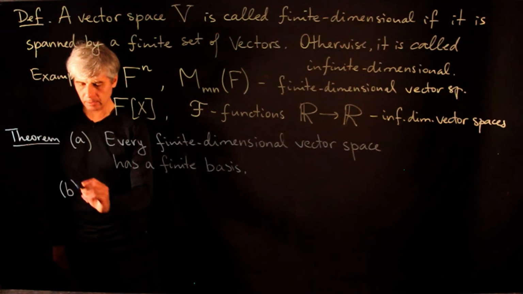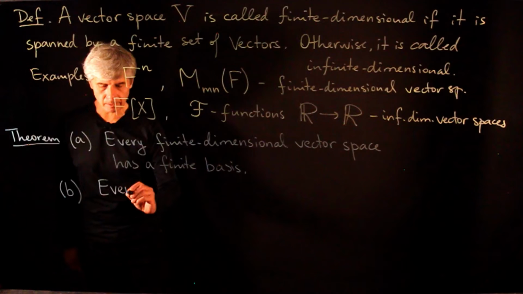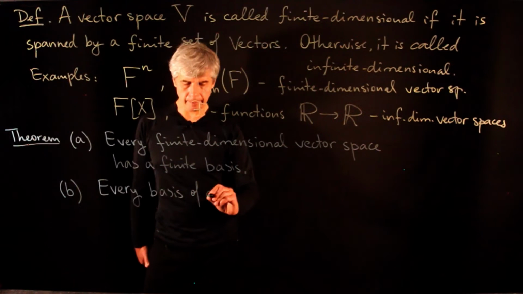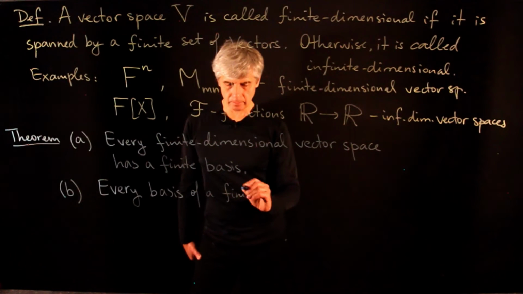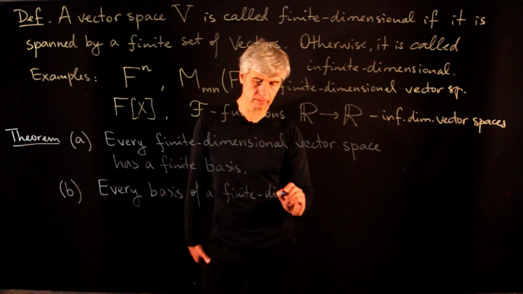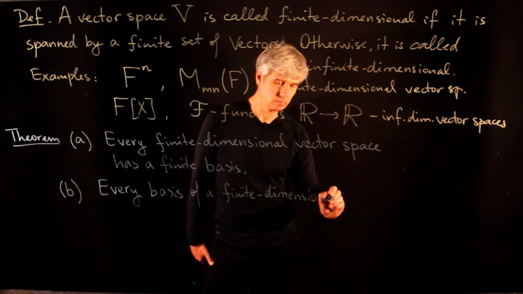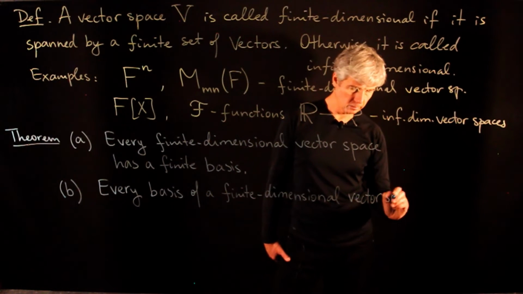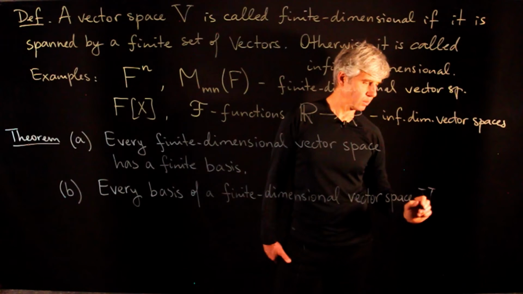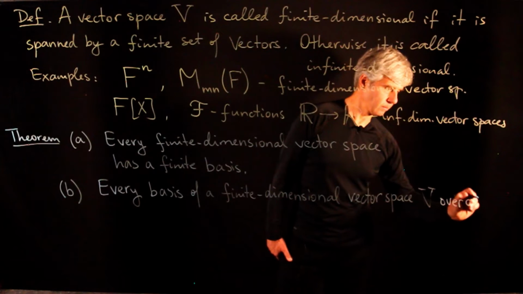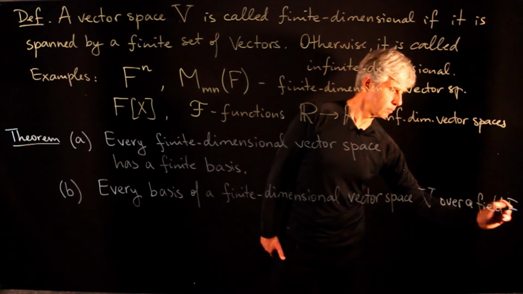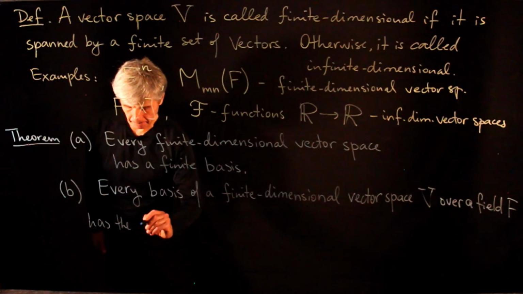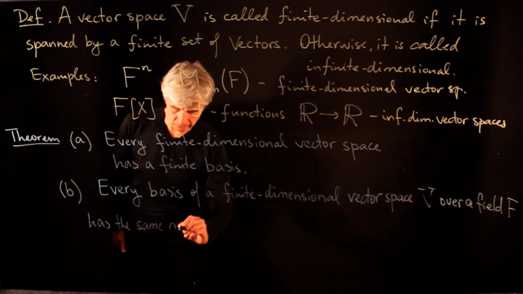And B: every basis of a finite dimensional vector space V over a field F has the same number of vectors.